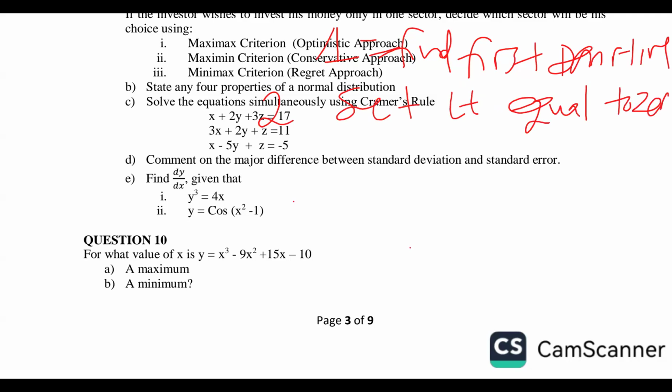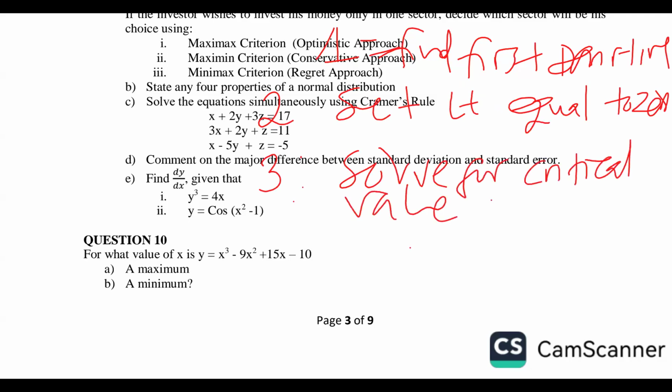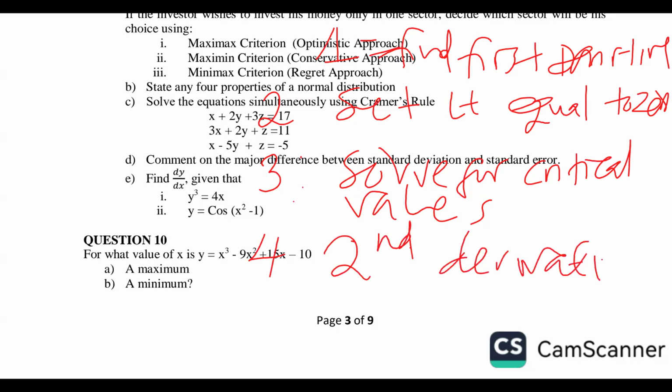Number 3, solve for critical values. After solving for critical values, number 4, find the second derivative, which means you differentiate the function again.